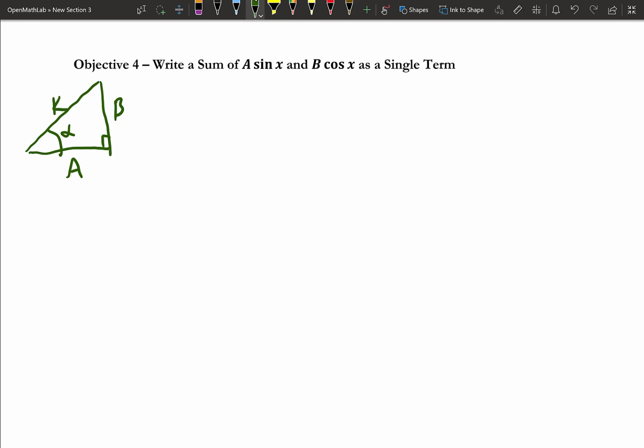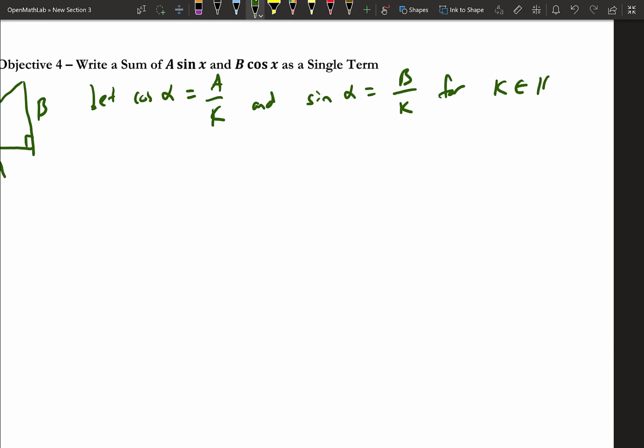So the idea here is we're going to let cosine of alpha be equal to a over k, from this picture, and sine of alpha then would be b over k, for k a positive real number. That's how we can label that.